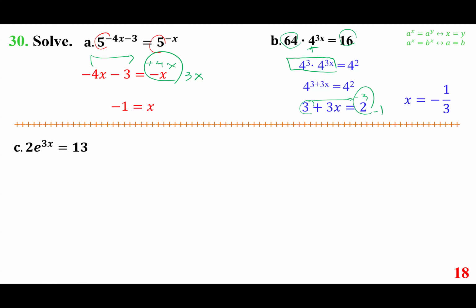2 e to the power of 3x equals 13. We are going to divide by 2. Now, either by definition or just take a natural log of both sides, the left side becomes 3x.